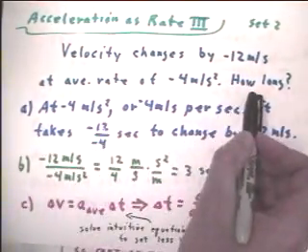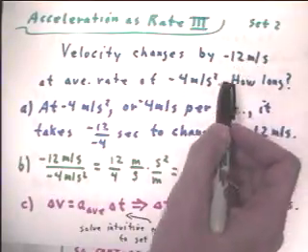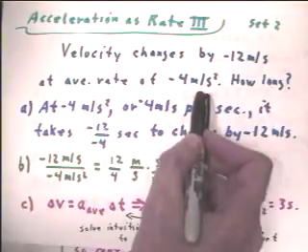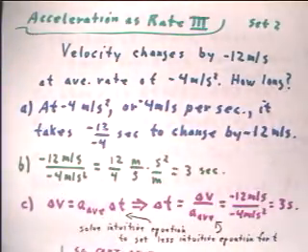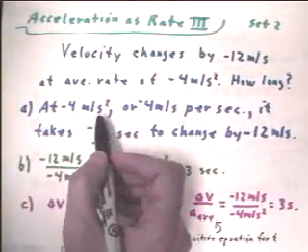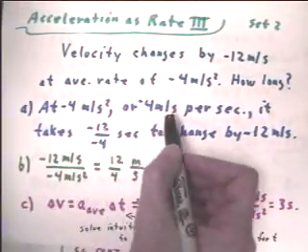In any case, how long does it take you to stop if your velocity change is negative 12 meters per second and your average rate is negative 4 meters per second squared? Okay, well, negative 4 meters per second squared means negative 4 meters per second every second.